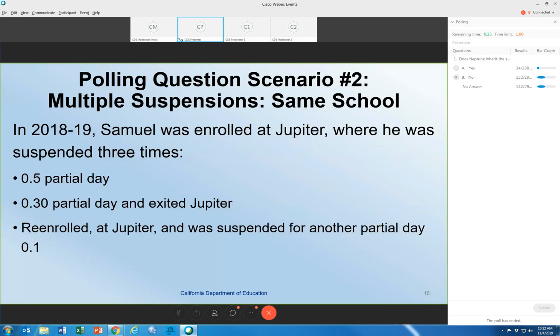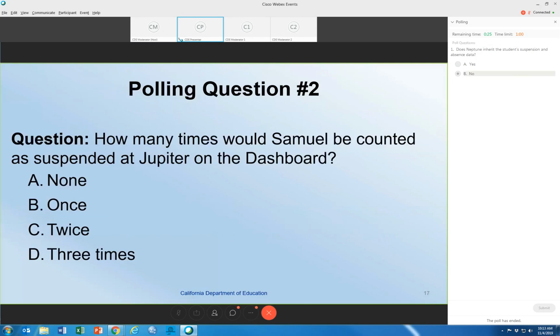But he came back, re-enrolled at the same school, Jupiter, and was suspended for another partial day, this time for only 0.1 portion of the day. The polling question is, how many times would Samuel be counted as suspended at Jupiter on the dashboard? A, none, B, once, C, twice, or D, 3 times? And you guys have about 45 seconds to answer.